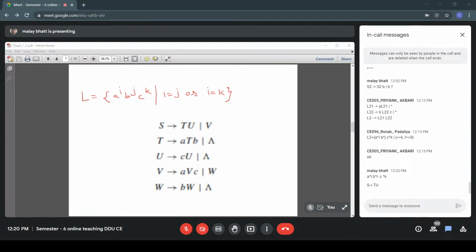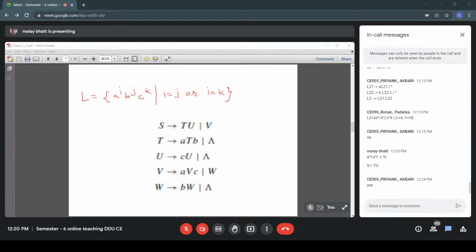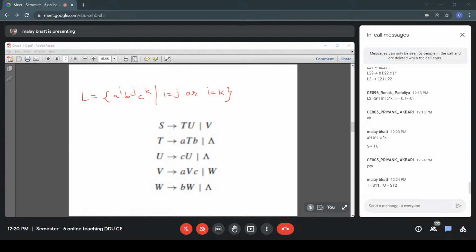So here you can see the role of T is same as S11 and role of U is same as S12, if you solve our own way. Is this clear? We are doing a concatenation of S11 with S12.